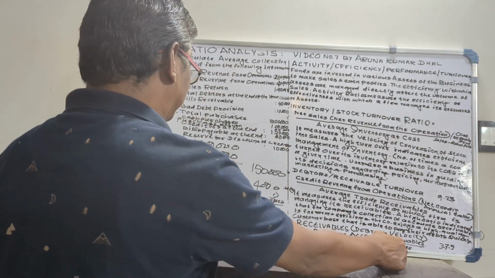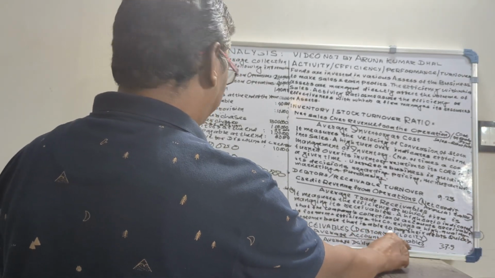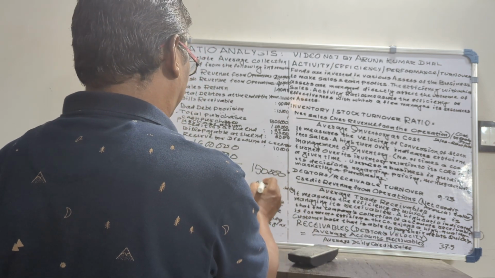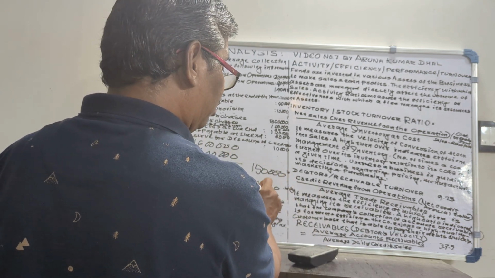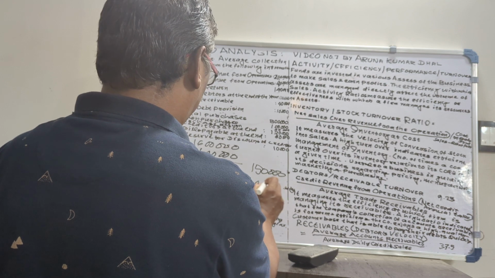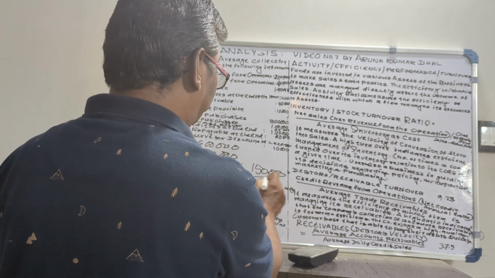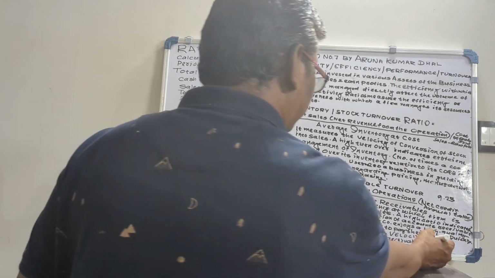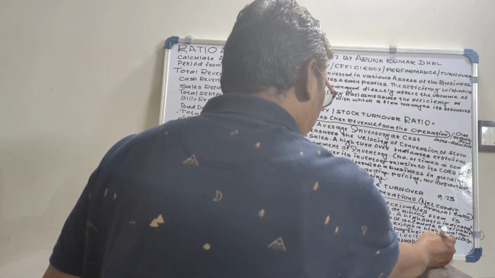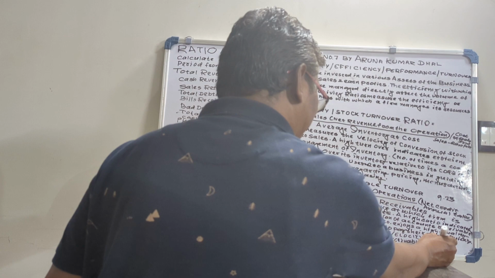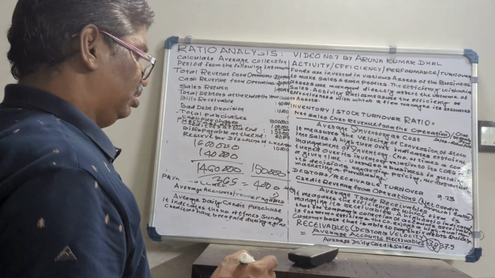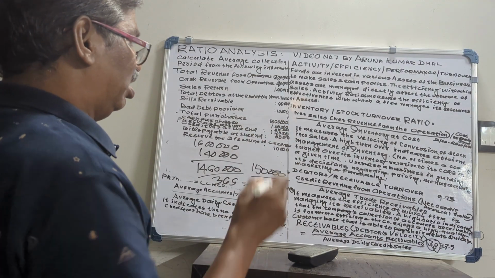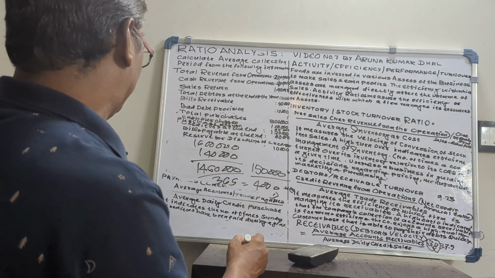Average daily credit sale is 4,000. Then average accounts receivable is 1,50,000. So 1,50,000 divided by 4,000 is equal to 37.5 days. That is 38 days. So we are allowing 38 days to our customers for repayment of our credit sale.